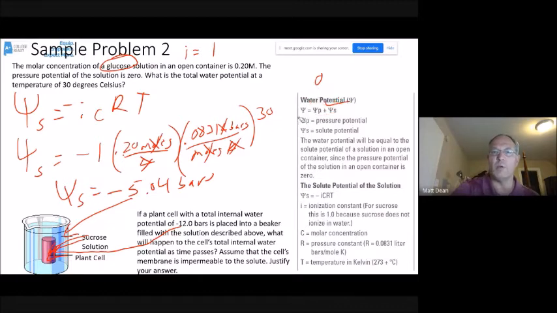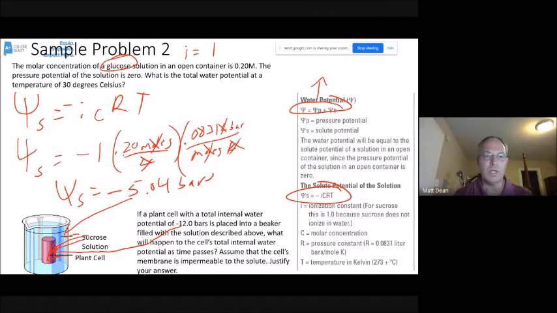So let's think about the water potential inside the cell for a minute. And we've got to think about our two formulas as we do that. As more water goes into that cell, the pressure in the cell goes up. So this component goes up. As more water goes in, the concentration gets lower.